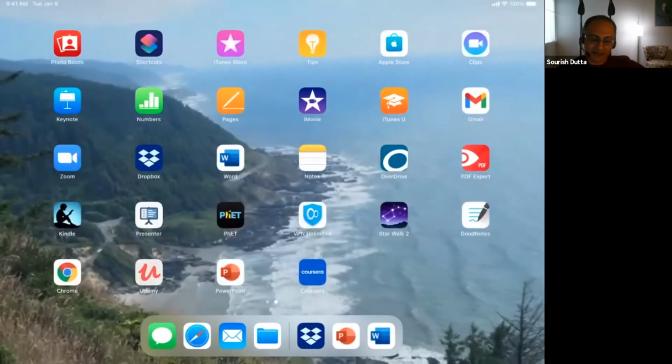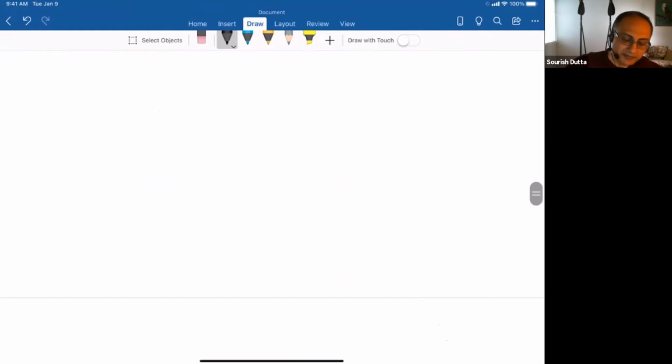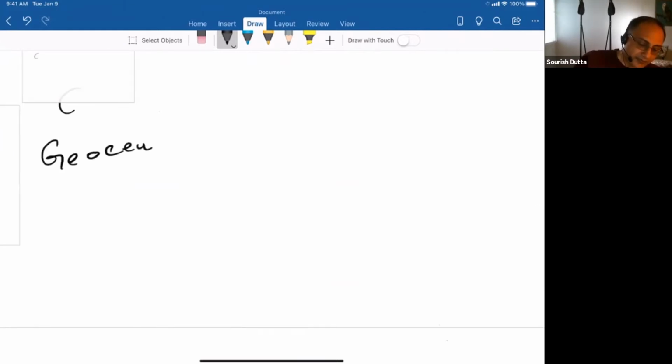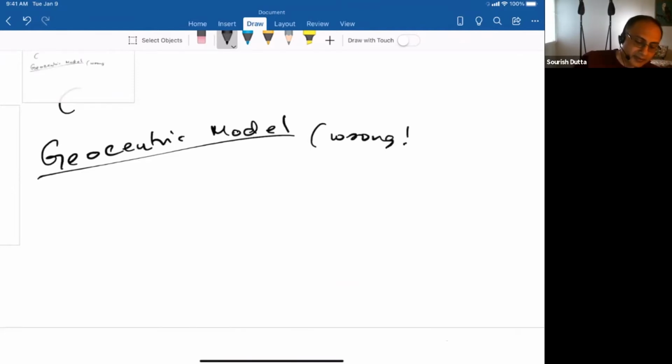So in the incorrect geocentric model, which is wrong, I'll just put wrong over here. You have the Earth at the center, right?